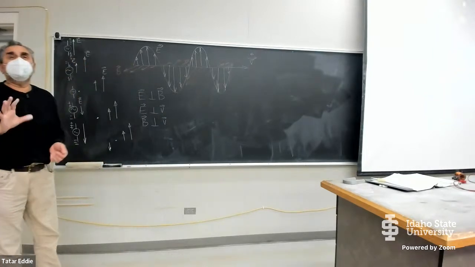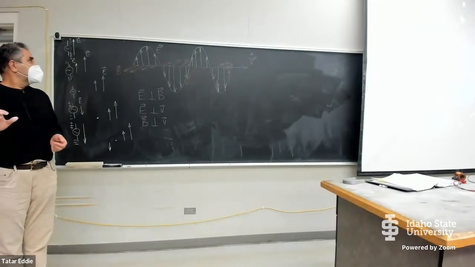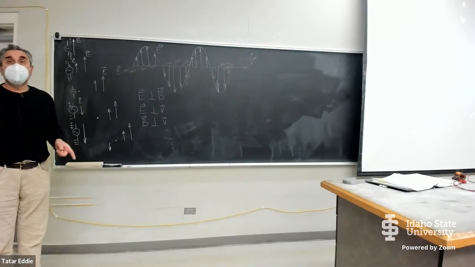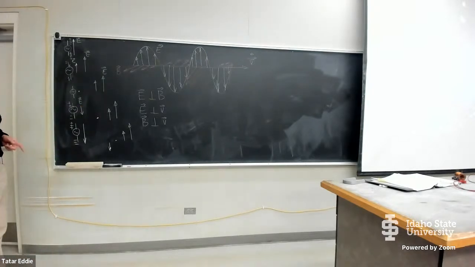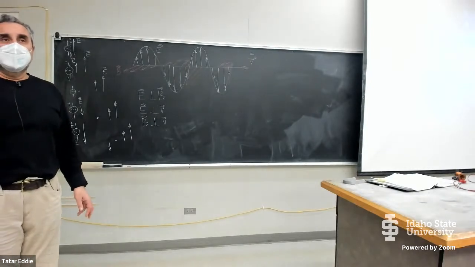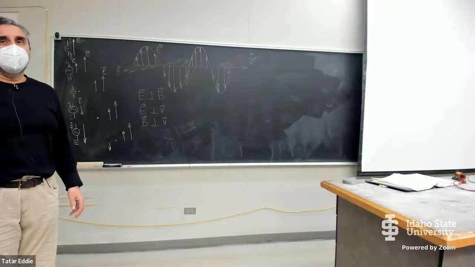So you have three perpendicular vectors, just like X, Y, and Z. And you have to use again a right-hand rule, but we don't want more rules. They are not introduced in the textbook, so I'll skip the rule.